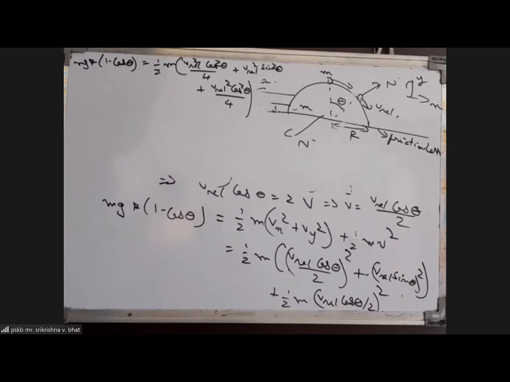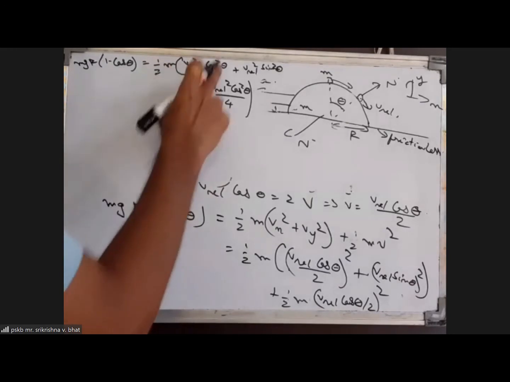So we get half m into v relative cos theta by 2 whole square, and v relative sin theta whole square, and here also we have v relative cos theta by 2 whole square.